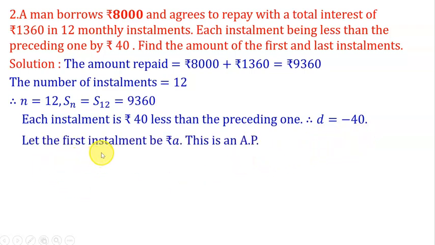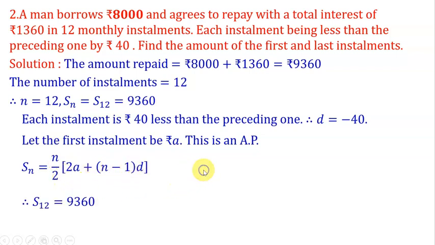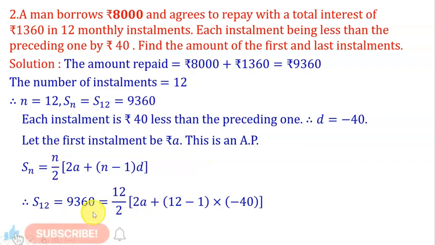Let the first installment be rupees A. This is an AP. Sn is equal to n upon 2 in bracket 2A plus n minus 1 into D. S12, that is equal to 9,360. n is 12, 12 upon 2 in bracket 2a plus 12 minus 1 bracket complete into minus 40.